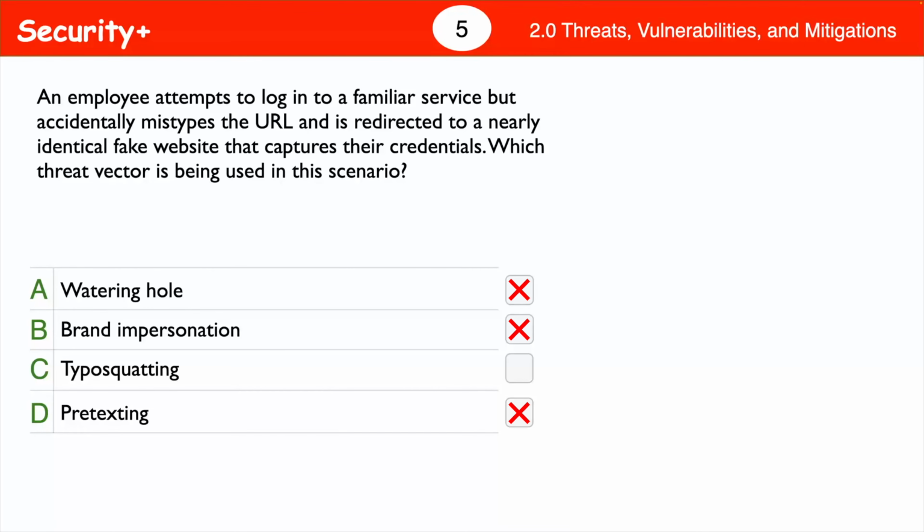And that leaves us with C, typo squatting. And typo squatting is a type of social engineering attack that relies on users mistyping URLs and landing on malicious domains designed to mimic legitimate ones. And the end goal is often to harvest the credentials.